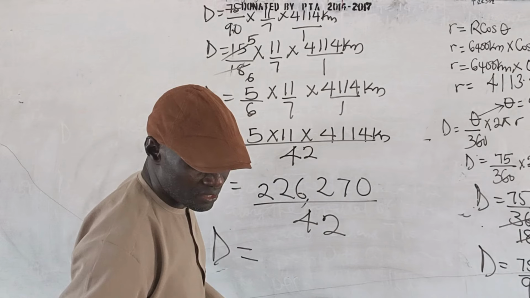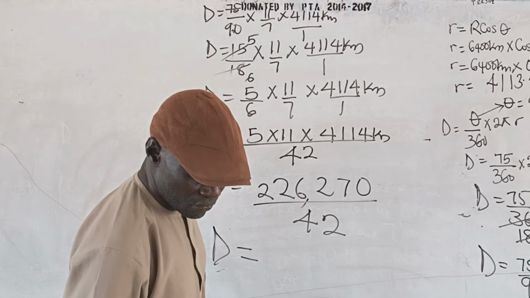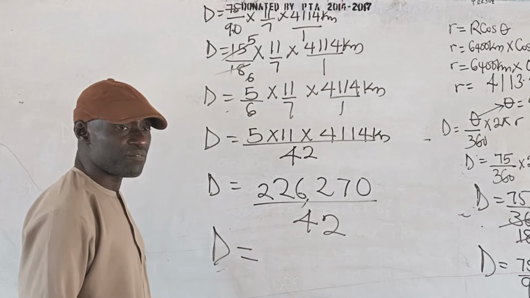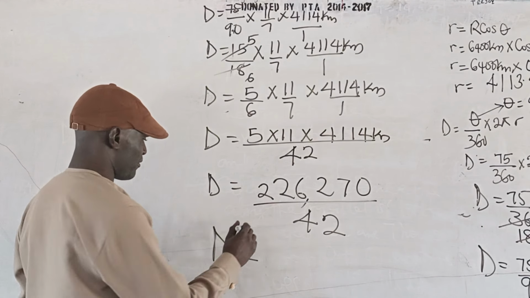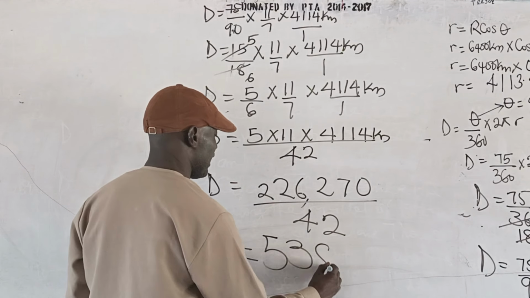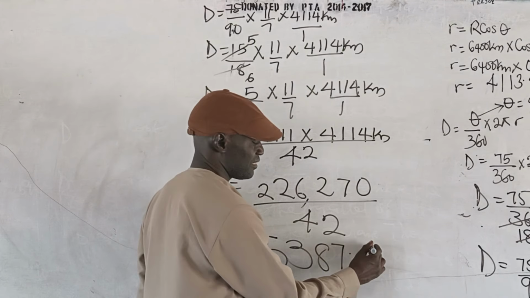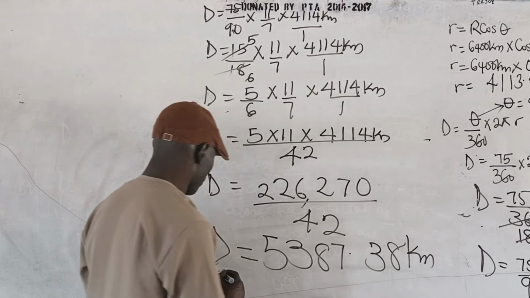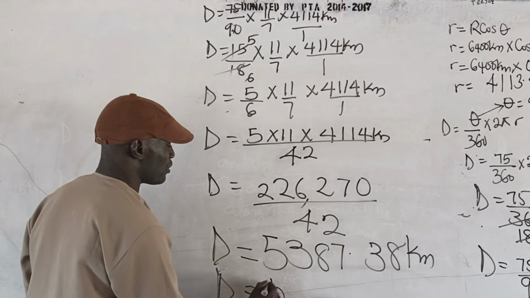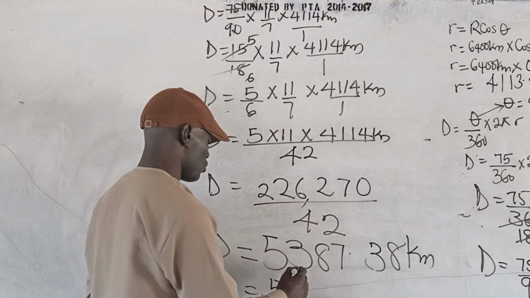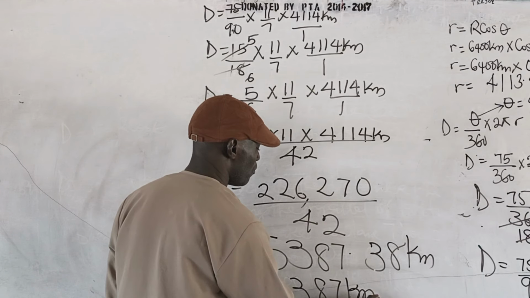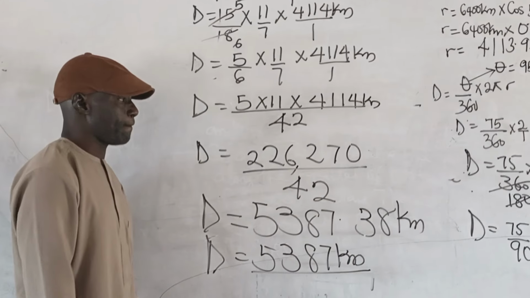Our final answer will be 5387.38. For us to take it to the nearest whole number, the nearest number is 5387. So the final answer is 5387 kilometers for question number A.